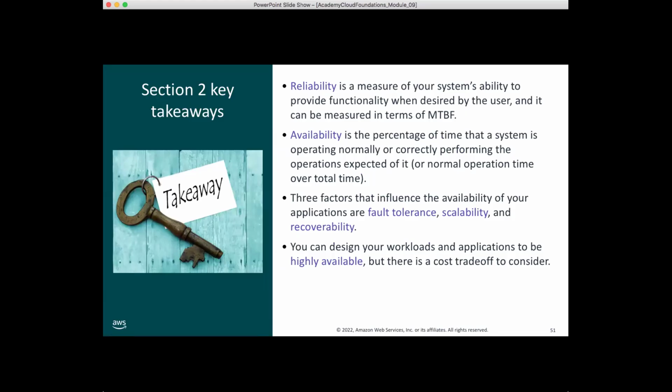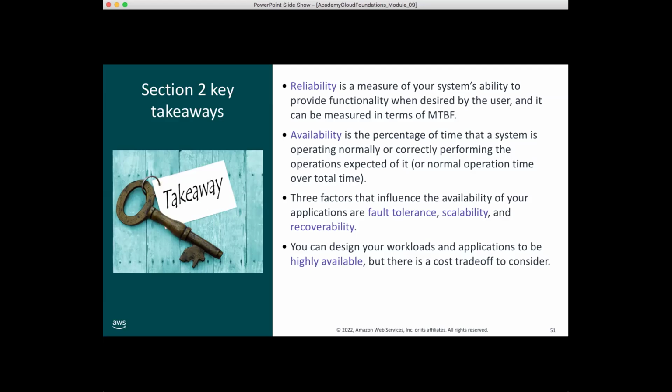Section 2 key takeaways. Reliability is a measure of the system's ability to provide functionality when desired by the user, and it can be measured in terms of MTBF, mean time between failures, right?